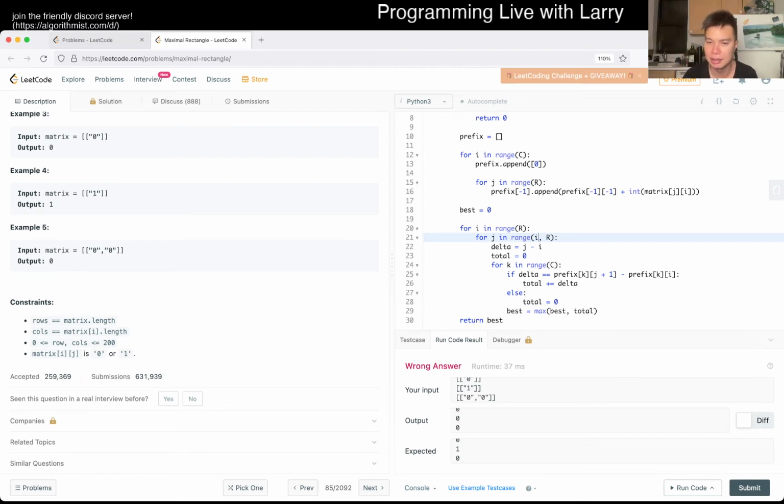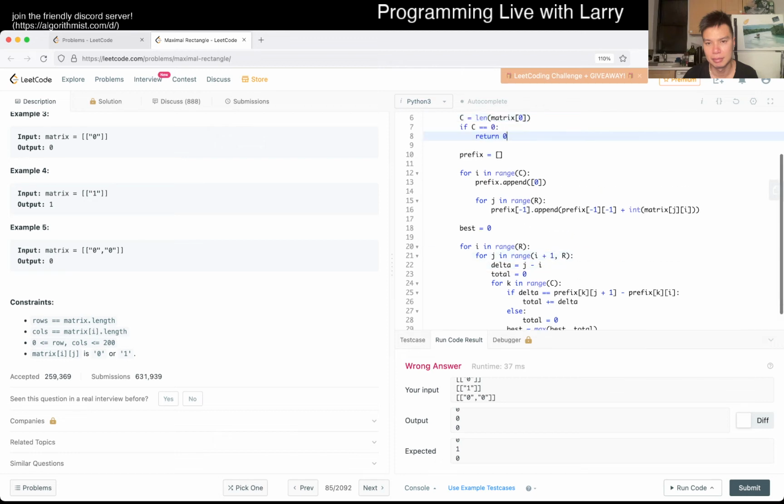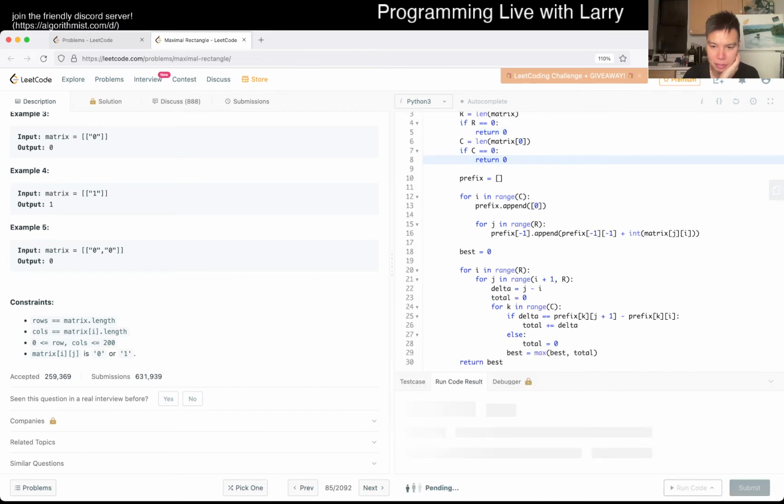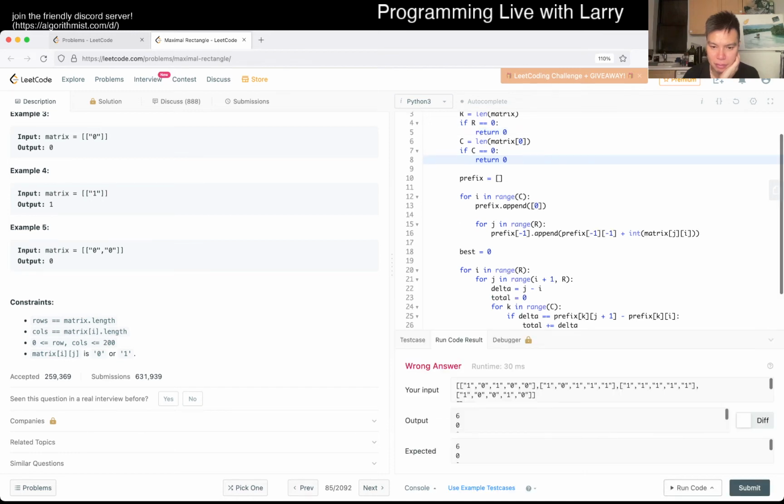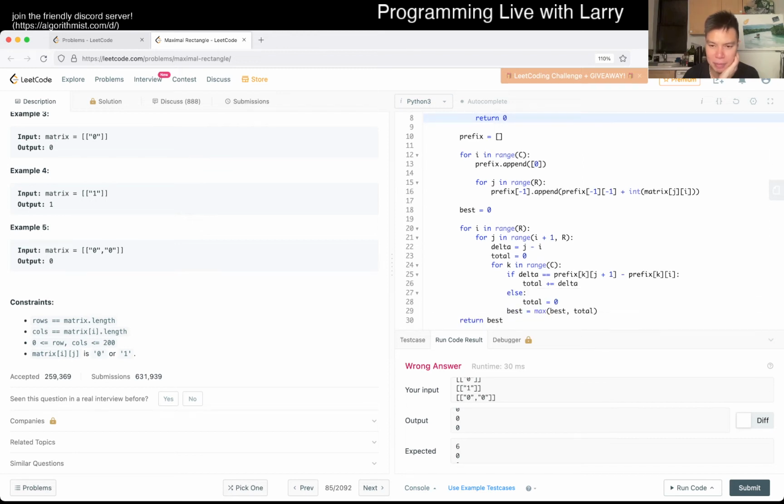But then, is this right? That doesn't make sense, does it? Let me think about this for a second. How did this get 6 correctly then? So, okay, so delta is equal to 1. I mean, it just seems like I have an off by 1 somewhere.